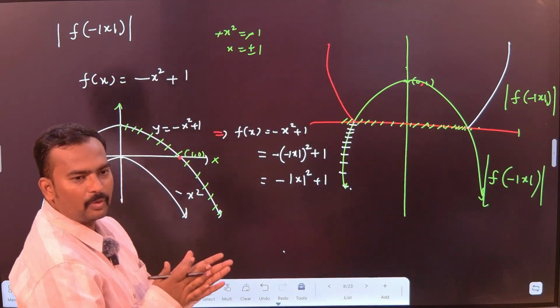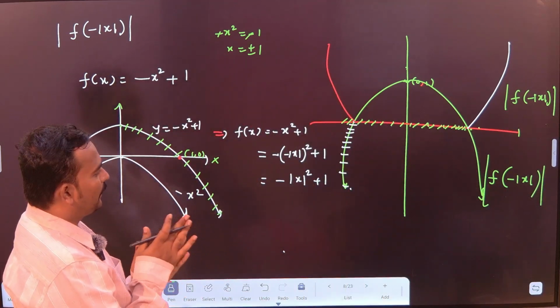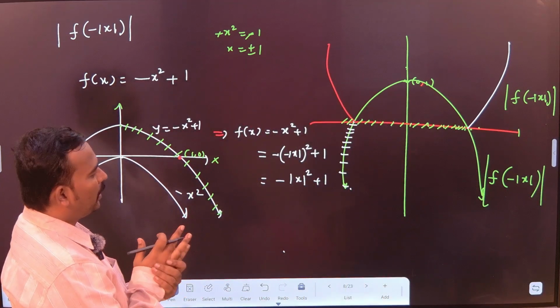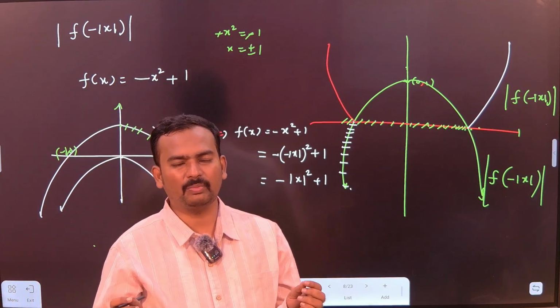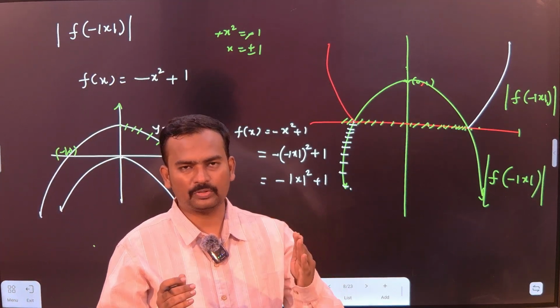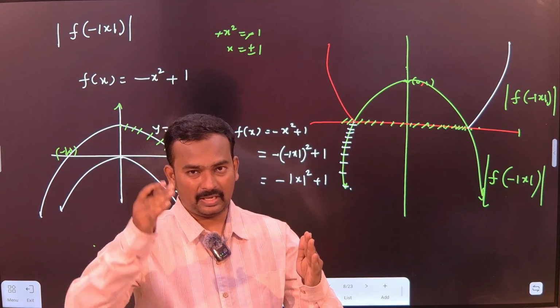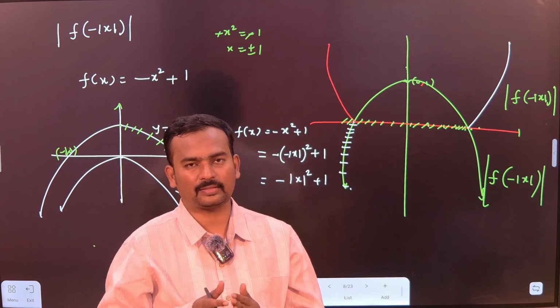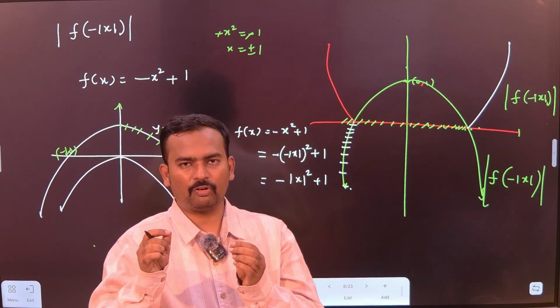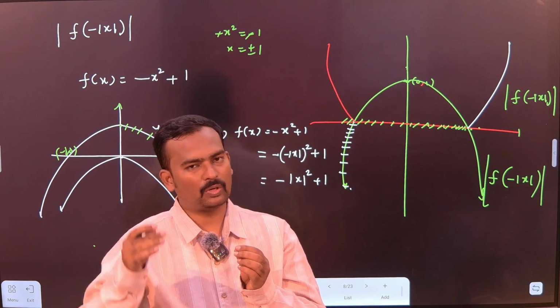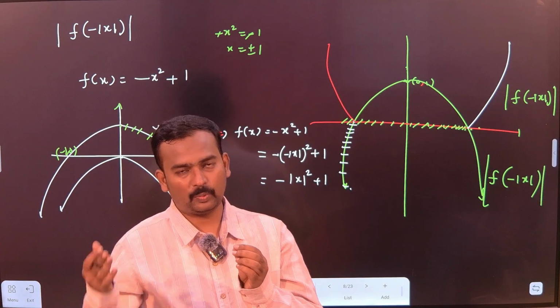Clear? I hope everyone understands, right? Fine. So, very simple. F of x changes to f of mod x means whatever the left side portion is there, you remove it, take the image of the right side with respect to y-axis. F of x changes to f of minus mod x means whatever the right side part of the graph is there, remove it.